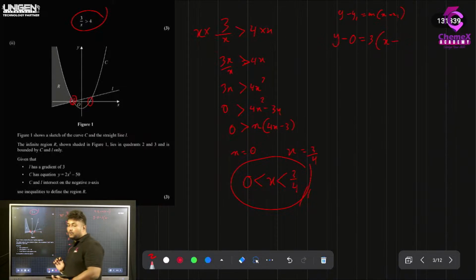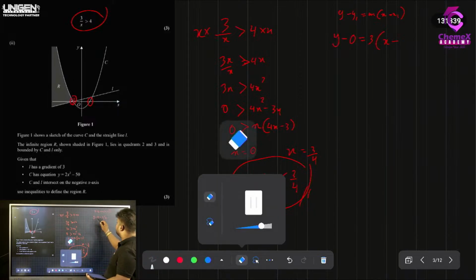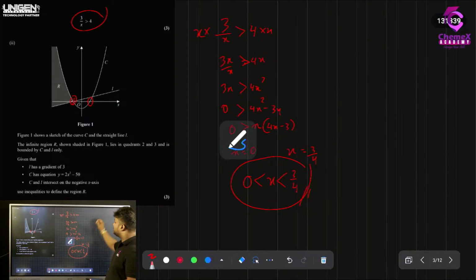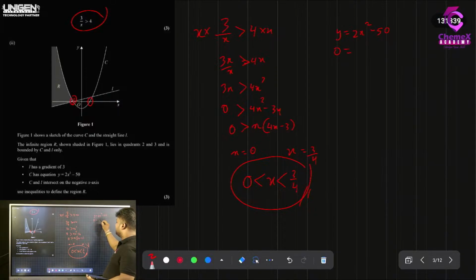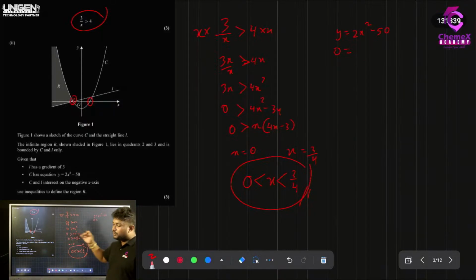How do you find the coordinates of that place? I can get the coordinate. That's how I am going to do this question. Tell me how to get that coordinate. Just by completing the square, equate it to 0, right? That's the way. I want to get this coordinate because I know the gradient of L and I want to write the equation for L. For the U-shaped graph, we can find the place where it cuts the x-axis because y will be 0.